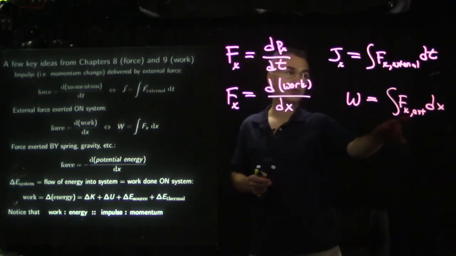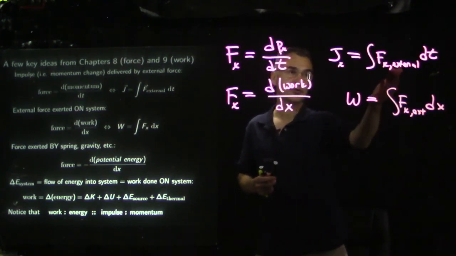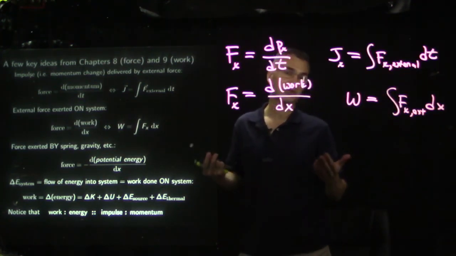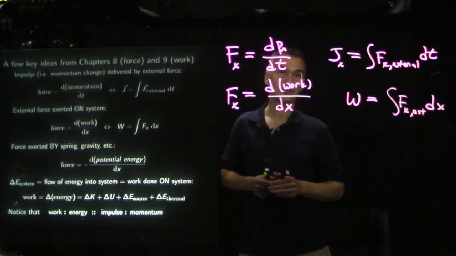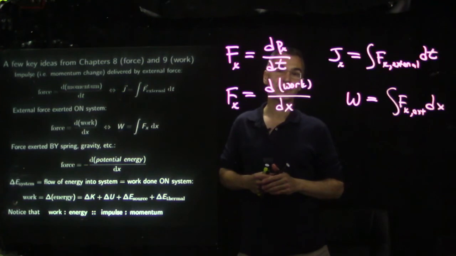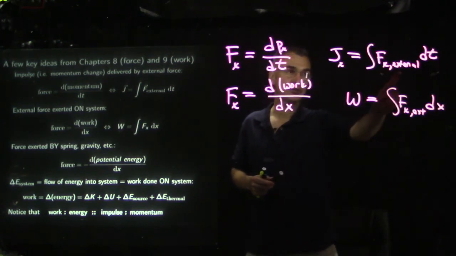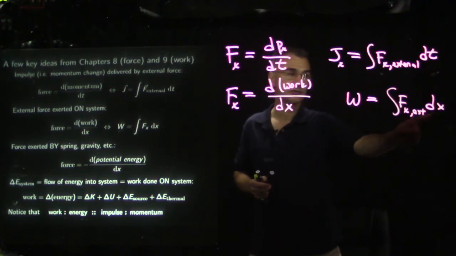So if you integrate force with respect to displacement or position, you get work. If you integrate force with respect to time, you get momentum, or equivalently, you get impulse. So work is the transfer of energy across a system boundary. Impulse is the transfer of momentum across a system boundary. Either one requires an external force. So you integrate an external force with respect to time, you get impulse. You integrate an external force with respect to displacement or position, you get work.